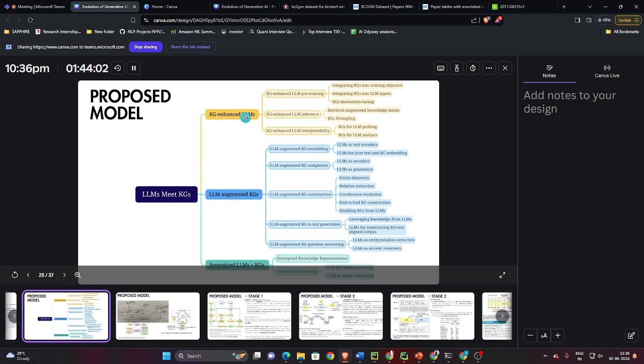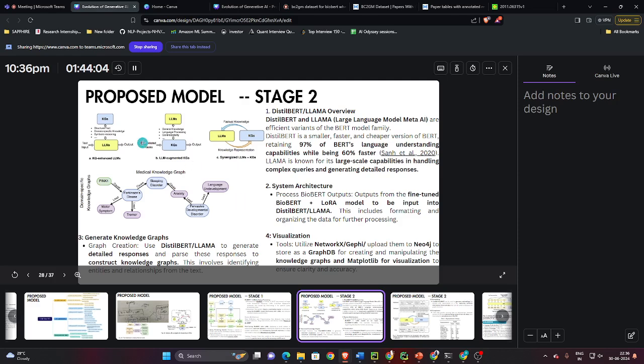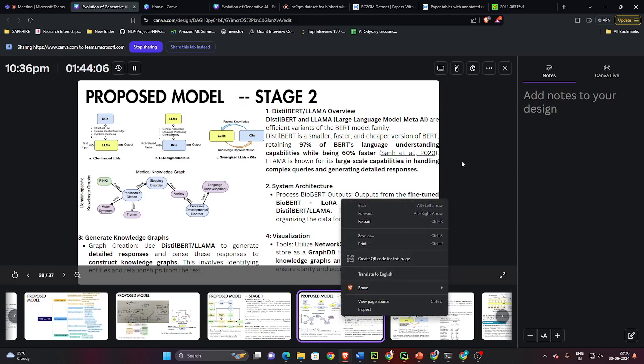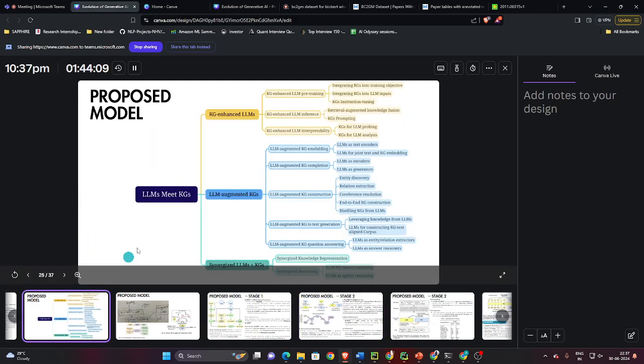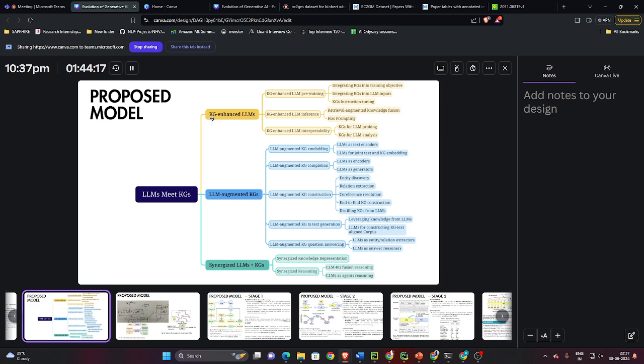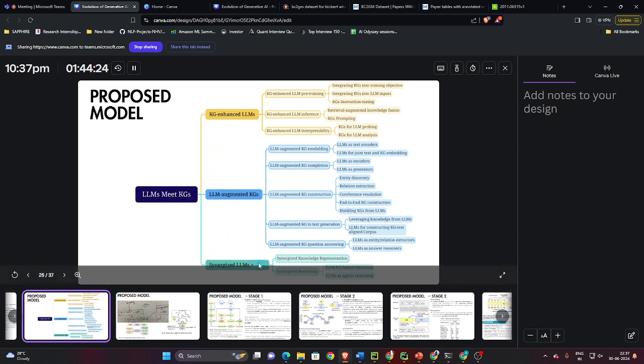What I'm trying to say is, when you put the figure, explain to me what your purpose is for the figure. What do you want to say from this figure? Absolutely. If we check over here again in this flow chart, there were three segments. One was using LLMs to retrieve information from knowledge graphs, using LLMs to build knowledge graphs, and finally when both of them work in synergy.